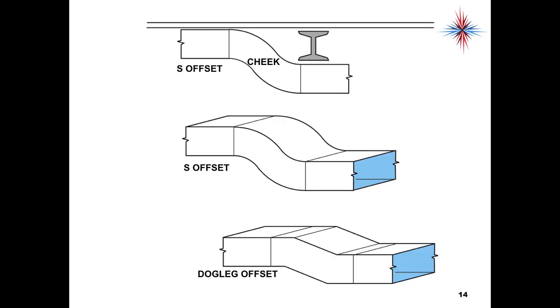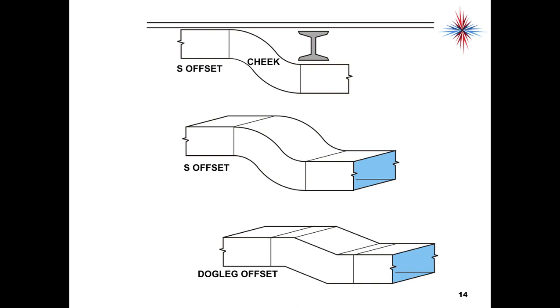The best offset is the S offset because it changes direction smoothly. Now, in the top picture of this, what you'll see is that there's an I-beam there. So I might be coming across a ceiling or a basement floor. I might have to come under a beam, have to drop the ductwork. I have two choices. I could put in a 90, a 90, and a 90 to bring it back up along the side of the floor, or I could do an S offset, which is that smooth curve that almost looks like an S. The S offset can be different lengths.